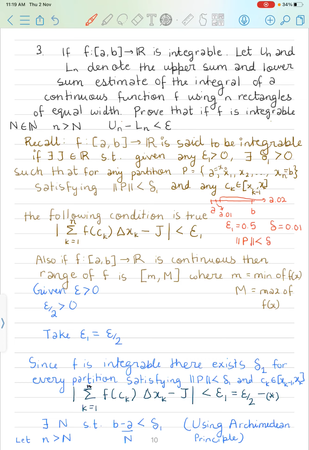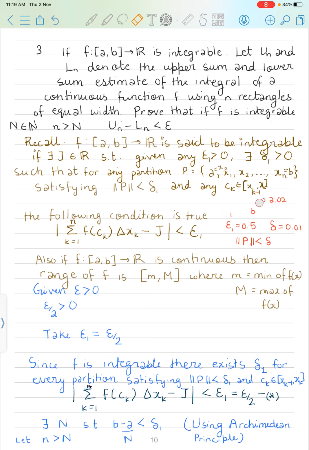It may not be equidistant, like 0.01, 0.02, equally separated. The norm of P is defined through delta xk.